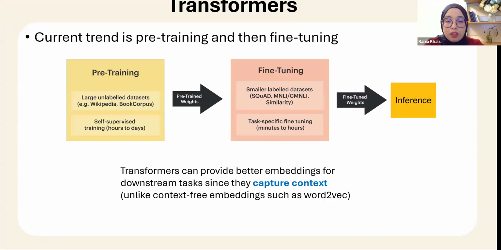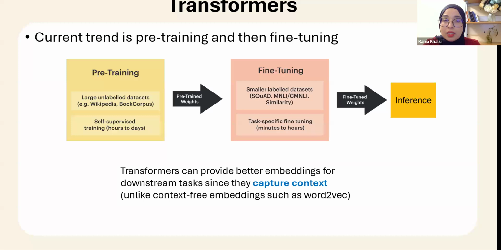And so the current trend in modern AI is mainly to follow two stages. First the pre-training stage, then the fine-tuning. In the pre-training stage, we take a transformer model and train it on an extremely large, unlabeled data set, okay?